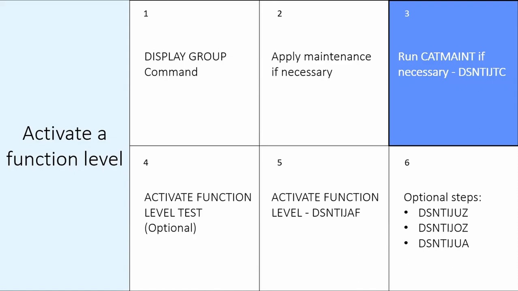You're not going to hit any errors if you don't do that. And then once the catalog level changes are complete, Db2 will record those changes in the SYSIBM.SYSLEVELUPDATES catalog table, and then it will issue a message to the console giving the update for what it did and where it's at.